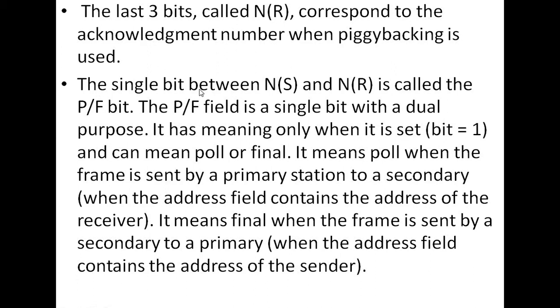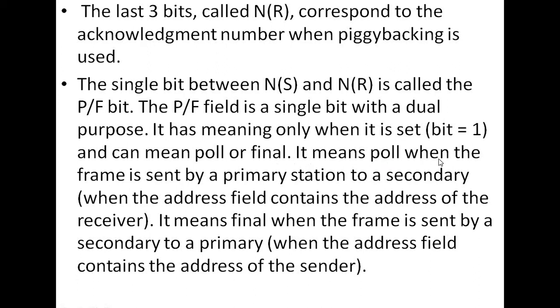Next, the middle part between N(S) and N(R) is called the P/F bit, and the P/F field is a single bit with a dual purpose. As I have told you, it is poll or final. It has meaning only when it is set to 1, and can mean poll or final.